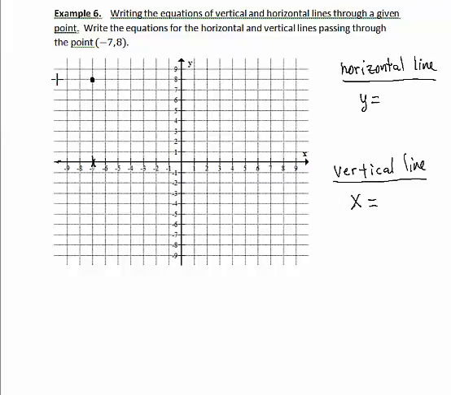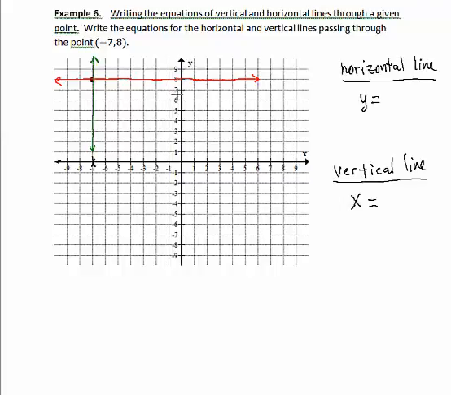So to draw the horizontal line that passes through this point, we just have to draw a flat line through this point that we just found. I'll put arrows on the ends. And then to draw the vertical line, we start with this point and we draw a line straight up and down that passes through this particular point.